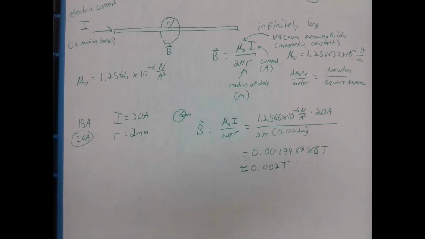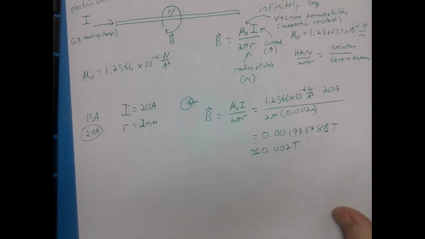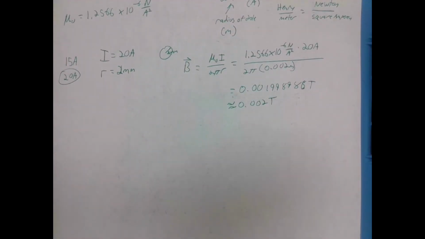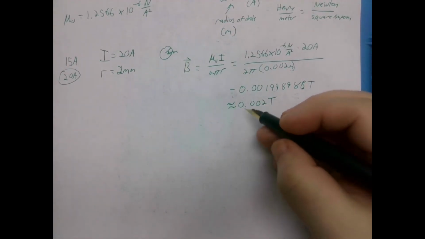What would that be in Gauss? There's 10,000 Gauss in a Tesla, so I need to multiply this number by 10,000.